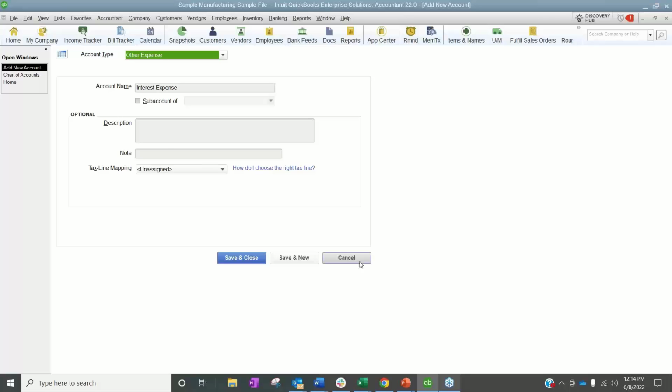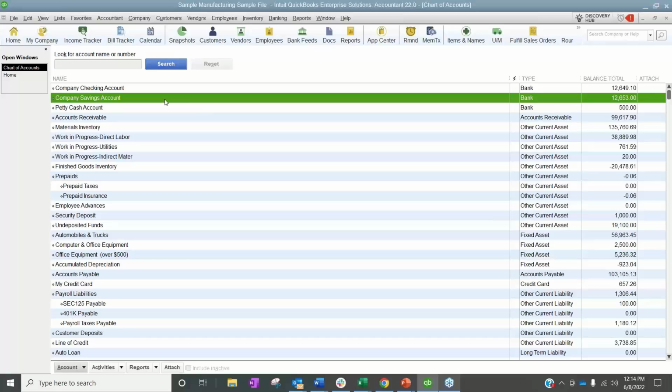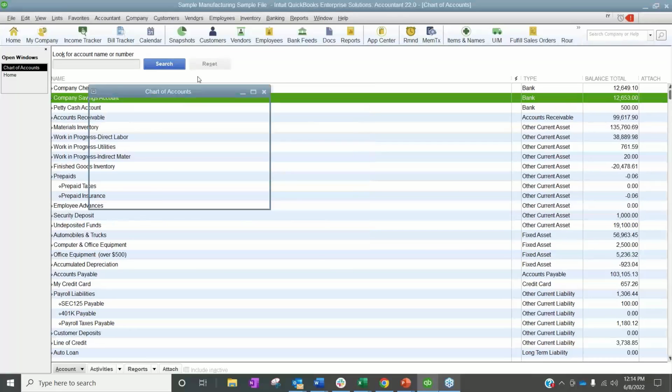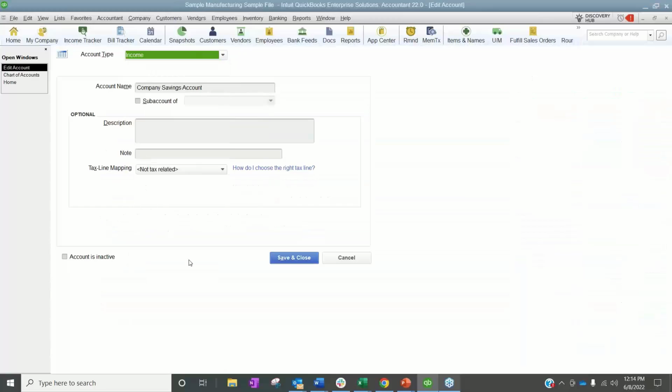I definitely wouldn't recommend it, but that caused some corruption in their file, because you can only make deposit and check type transactions to a bank account. So when you flip that to income, it causes issues with the file, which you can fix by changing it back to a bank account. That was a fun one.